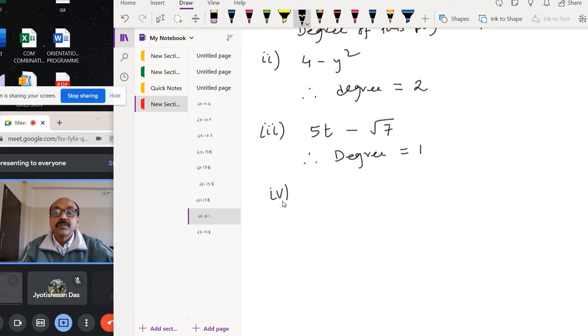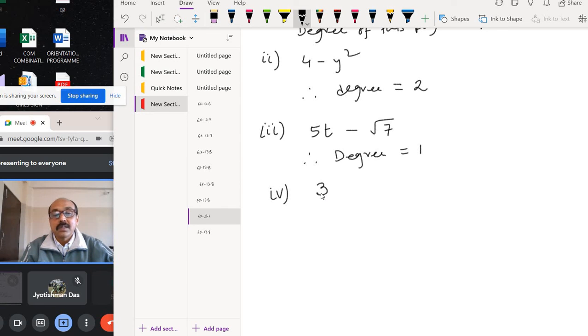Number 4. The question is only 3. Okay. So the degree of this given polynomial, no variable is present here. We can write any variable, 3 into x to the power 0 or 3 into y to the power 0, because we know x to the power 0 or y to the power 0 is 1.